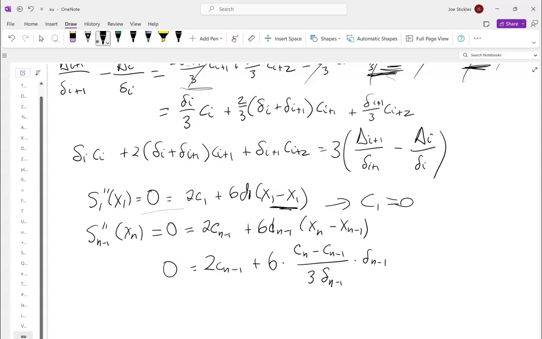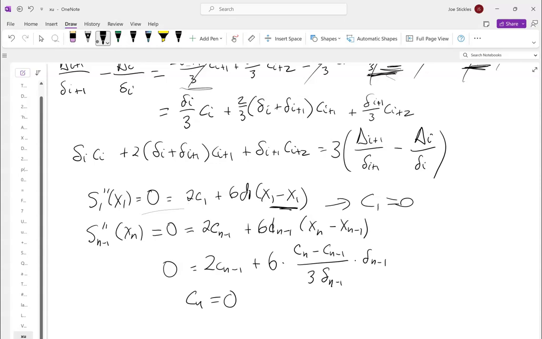I know we didn't actually write a c sub n in there for any of the polynomials, but notice this last one, we're going to use this to help us with an equation. When you simplify, the 6 and the 3 will make a 2, right? Your delta sub n minus 1s will cancel. So you'll get a minus 2c sub n minus 1 and a plus 2c sub n minus 1, so those go away. So what does c sub n have to be? 0, right? That c sub n helps us solve these equations, but this last one also tells us that c sub n has to be 0.